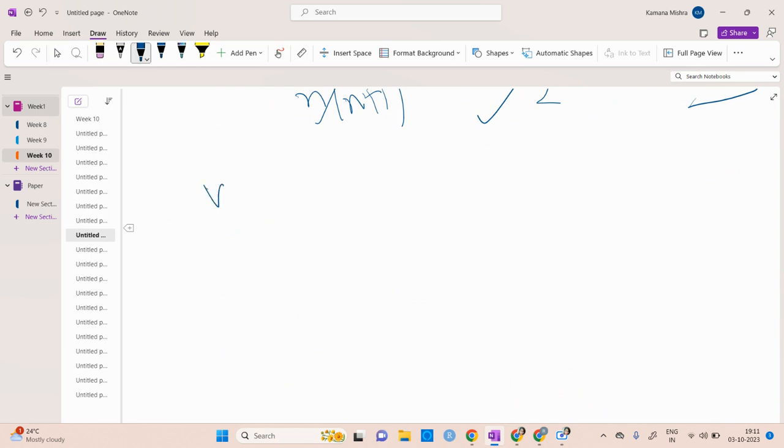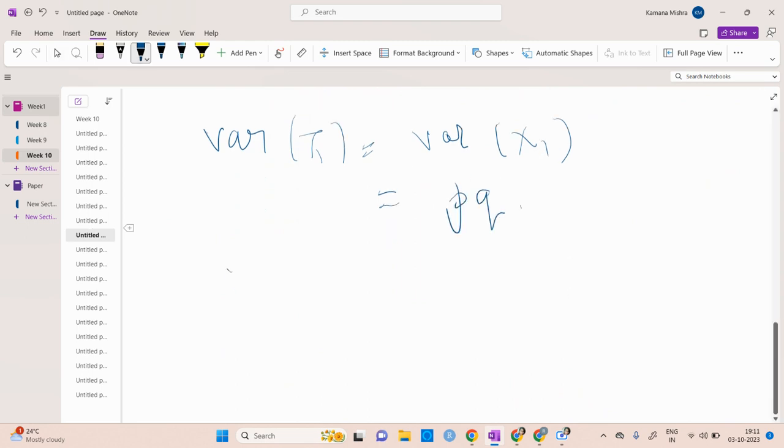Right? So variance of T1 will be what? Variance of x1. Now x1 is following what? Bernoulli. So its variance is pq. Now variance of T2 is what?